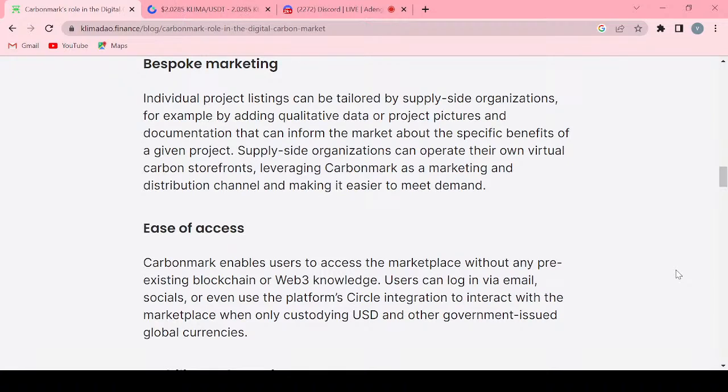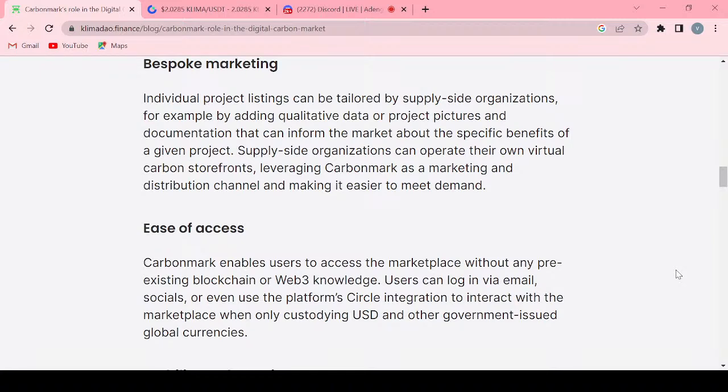So the carbon mark enables users to access the marketplace without any pre-existing blockchain or Web3 knowledge. If you want to access the carbon marketplace, nothing is needed, no existing blockchain or Web3 knowledge. Users can log in via just their social media accounts or email, or even platform circle integration to interact with the marketplace.